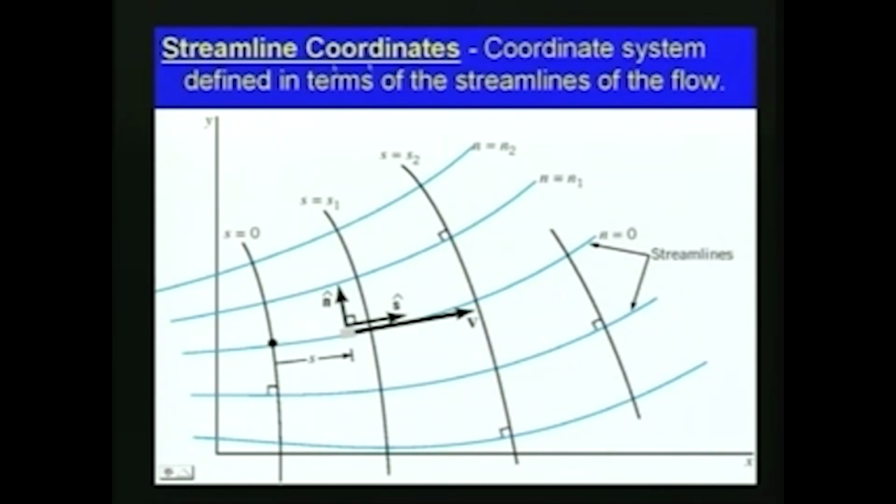Streamline coordinates are a coordinate system defined in terms of the streamlines of the flow. In this slide you can see the streamlines drawn with respect to x and y axes in 2 dimensions. These streamlines are shown with respect to n equal to n1, n2 and so on.